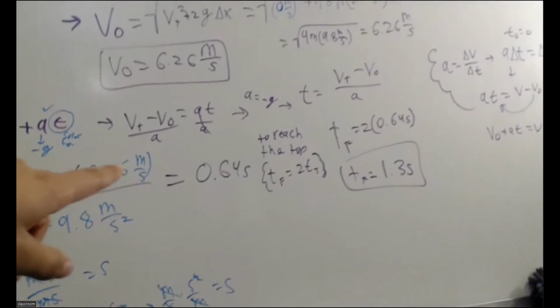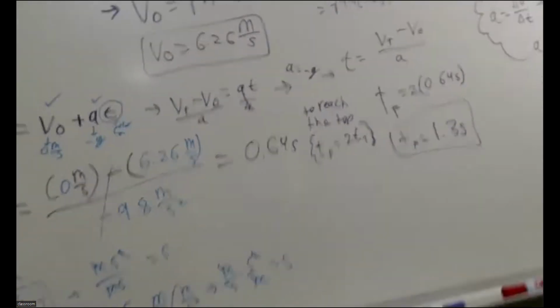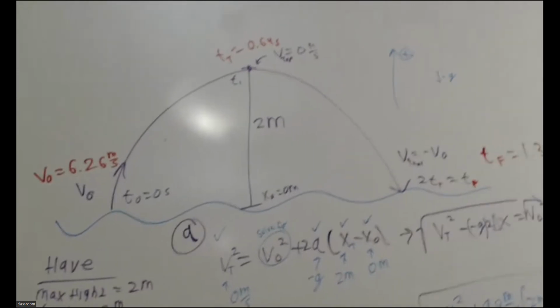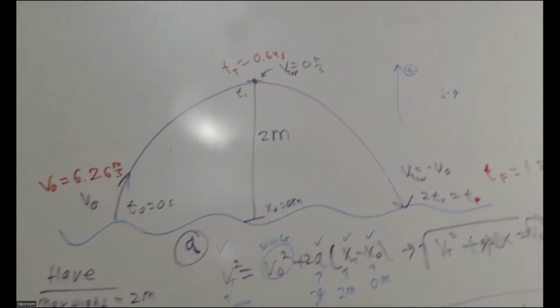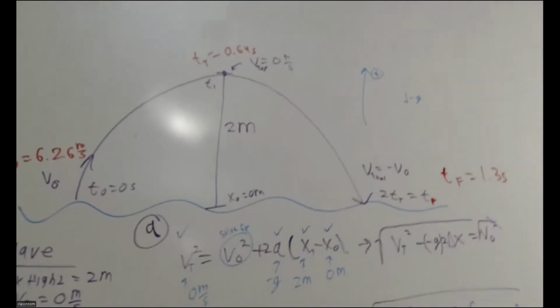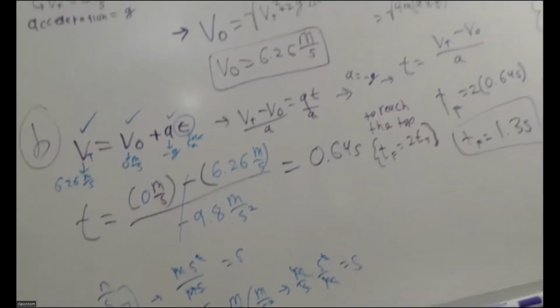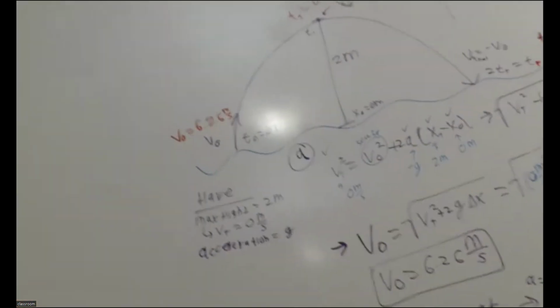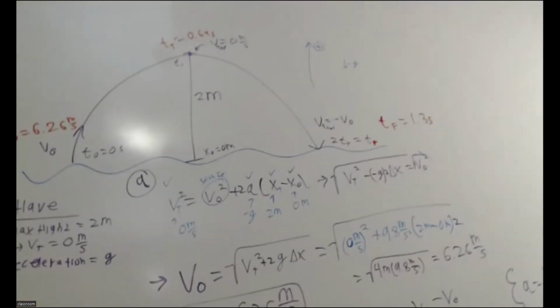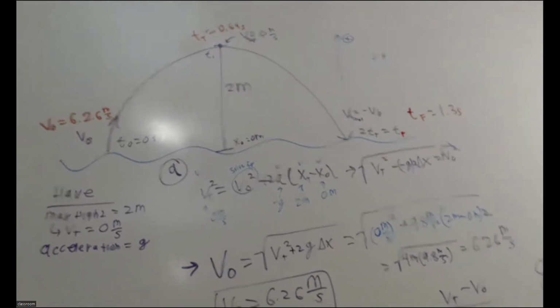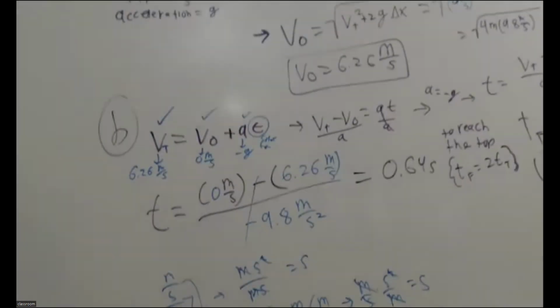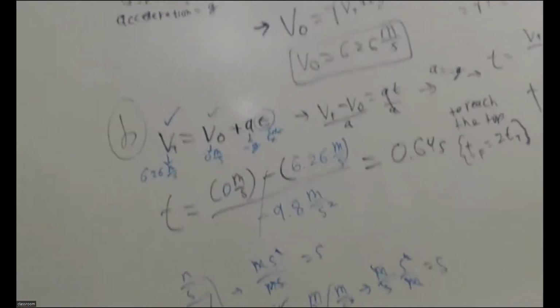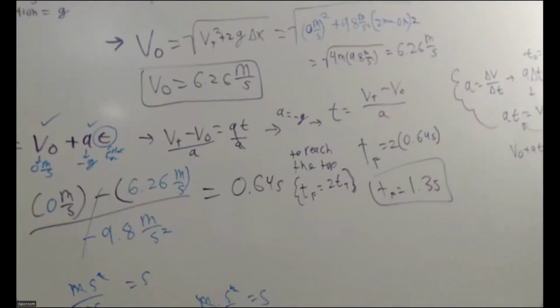And then you get 0.64 seconds, but that's to reach the top, right? Because we use v final as the v naught at the very top. If you didn't want to do this, you could technically say v final is negative 6.26 because you know that v naught is equal to negative v final, but then you get a 0 at the top and you wouldn't get a useful answer. So that's why we do it this way.